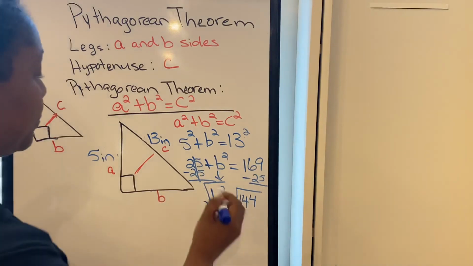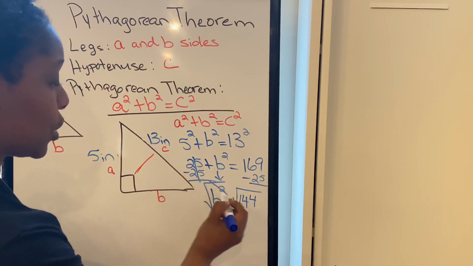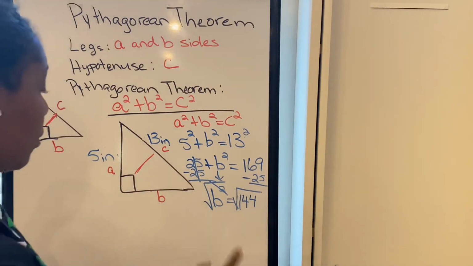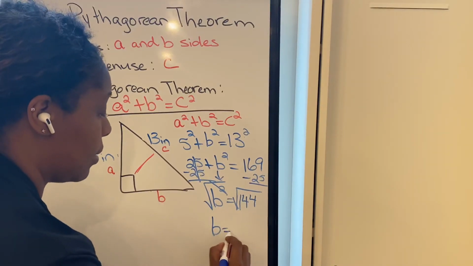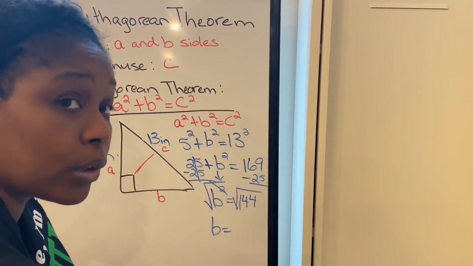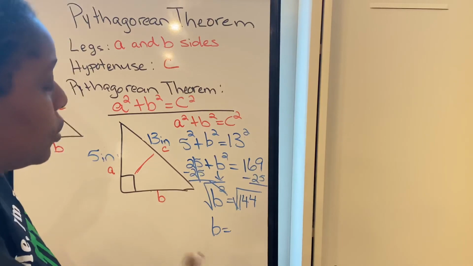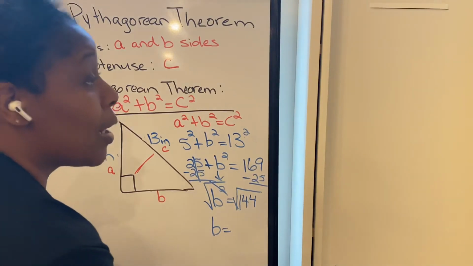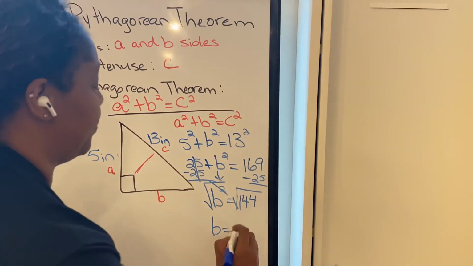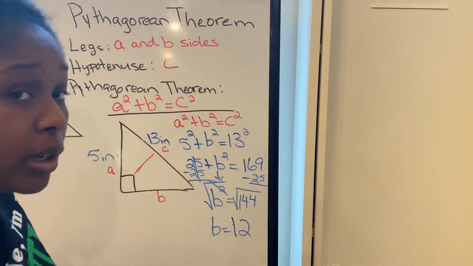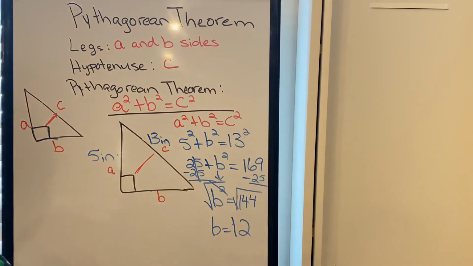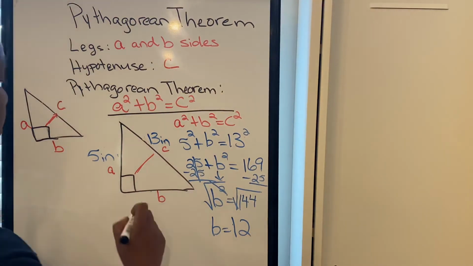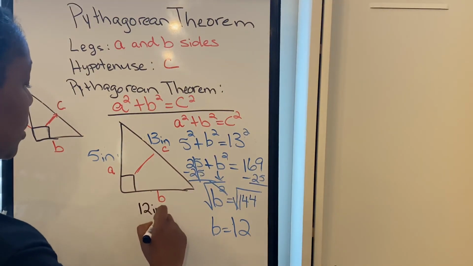So that way, the square and the square root cancel each other out, leaving me with B, and then the square root of 144. Use your calculator, or look at your interactive notebook, or memorize your doubles. 12. Okay? So then your answer is 12 inches.